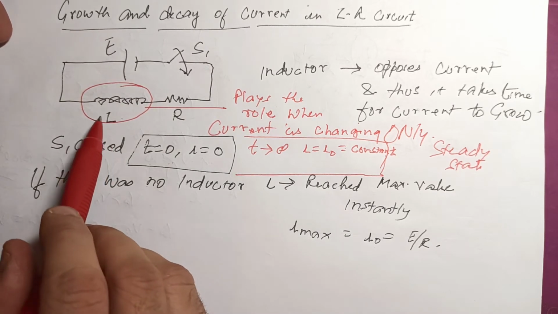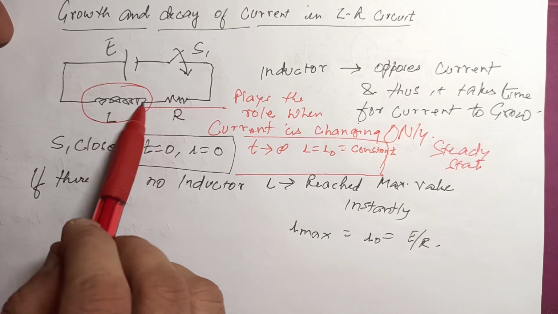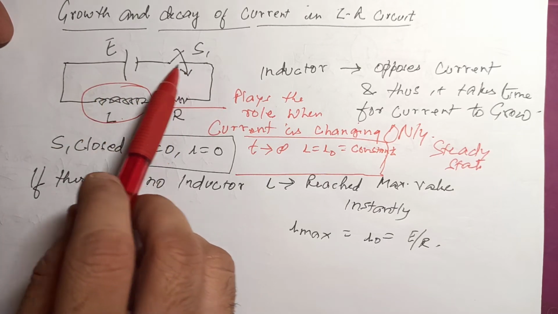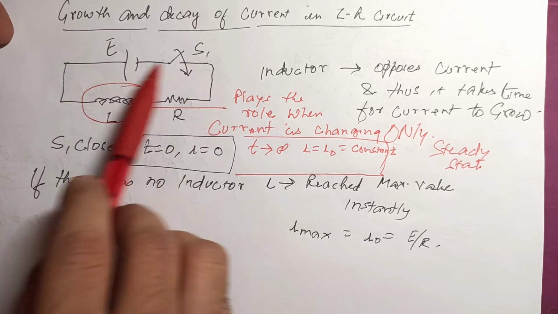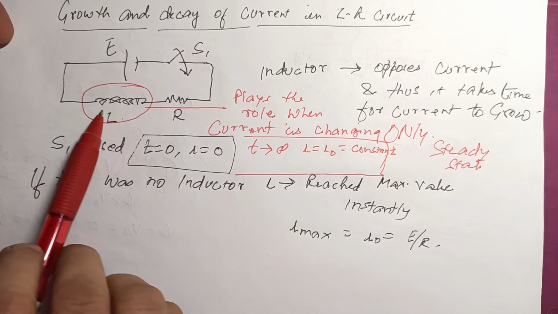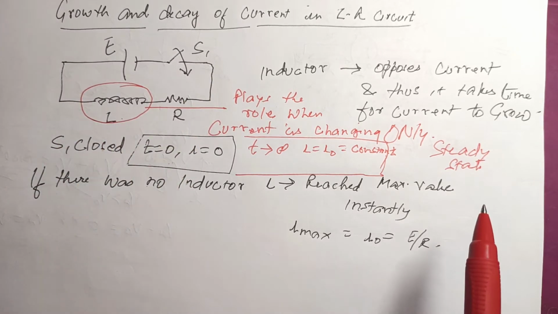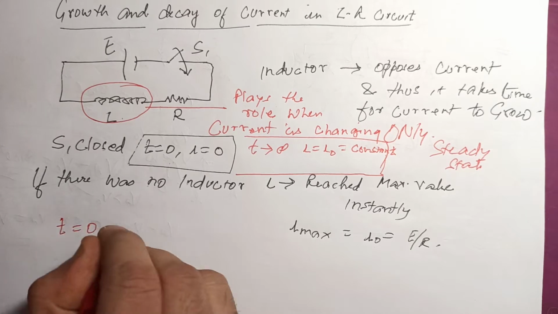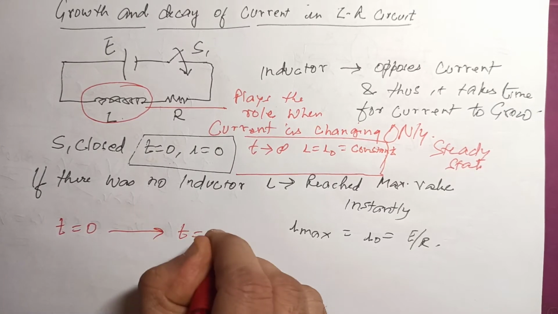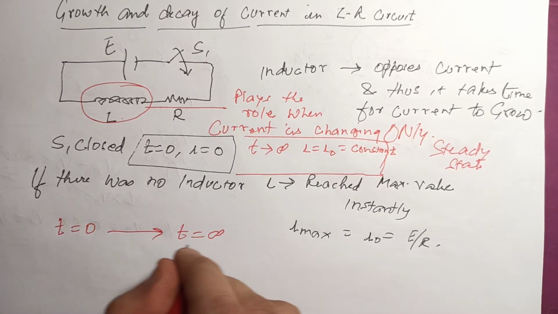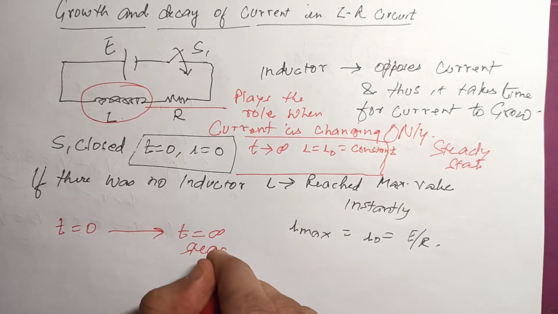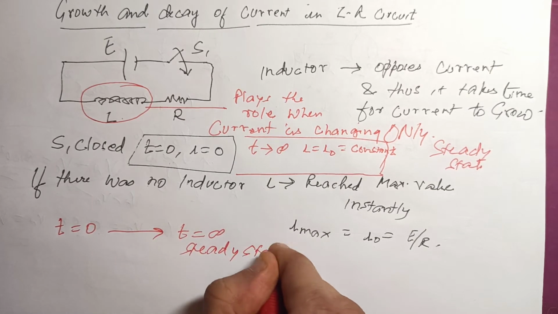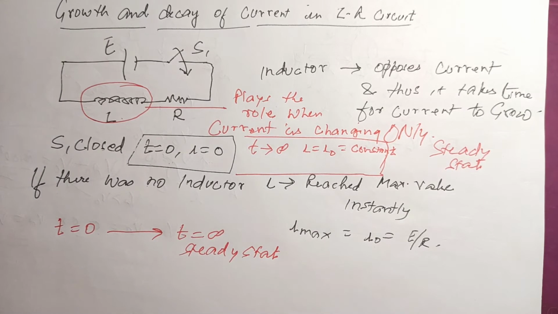Now let me reiterate again. In this circuit, inductor plays the role only when there is a change, from t is equal to 0 to t is equal to infinity, or steady state. So basically infinity doesn't mean very high after too much time.